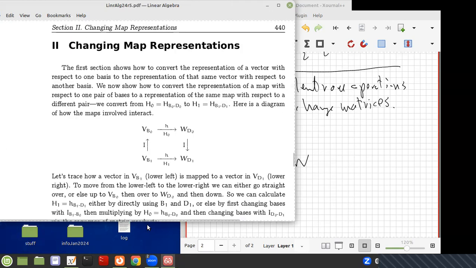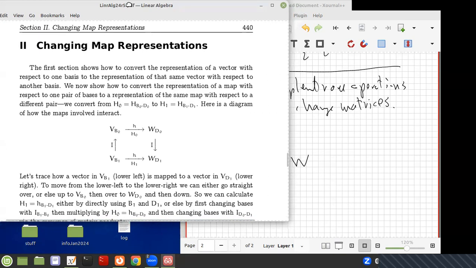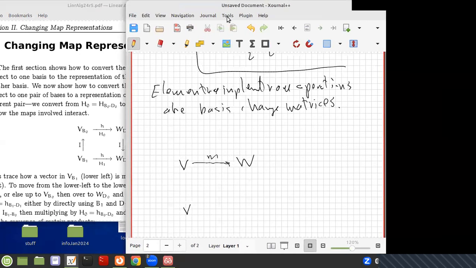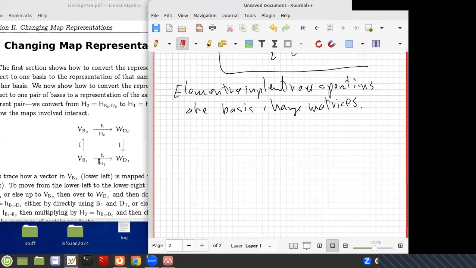But then this is the section I wanted to go to, and here's the diagram I wanted. Let me use the same notation to explain this diagram. Let's say we have a vector space V with basis B1, and we have a map H with a representation H1 that goes to W with codomain basis D1.